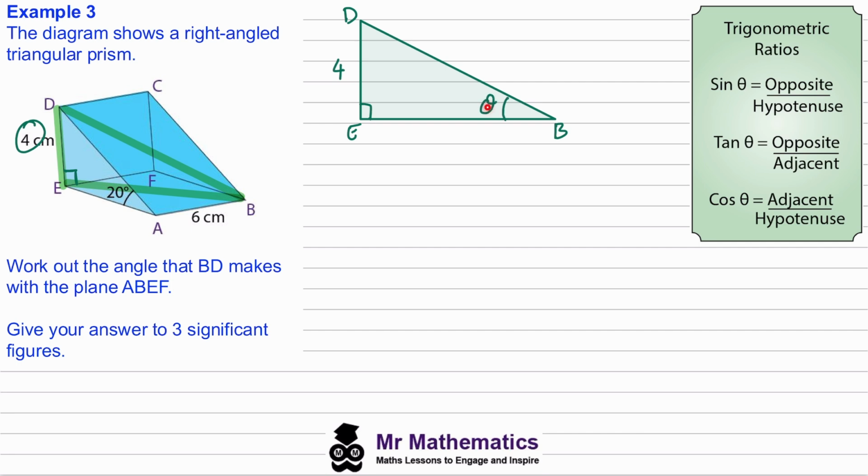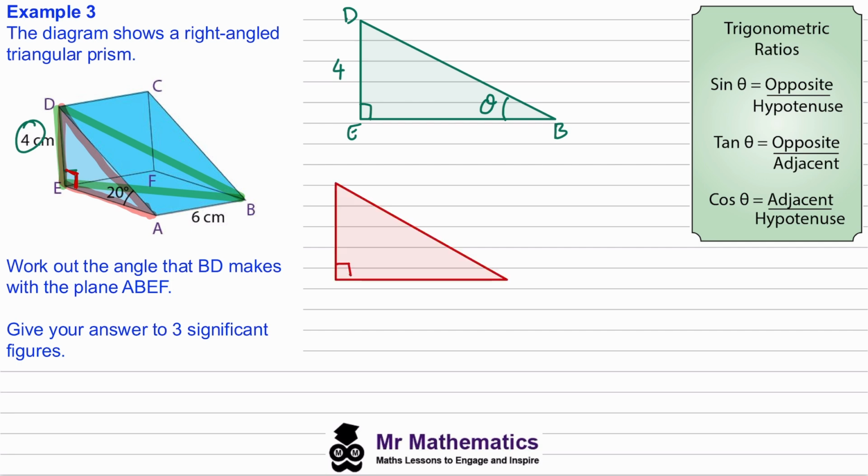So now to work out theta, we need to find either E to B or B to D. Well, to work out E to B, we've got A to B in this length, we just need to work out this length. And we can work out A to E using this right angle triangle, on the face of the prism.